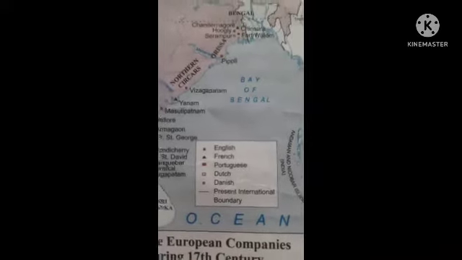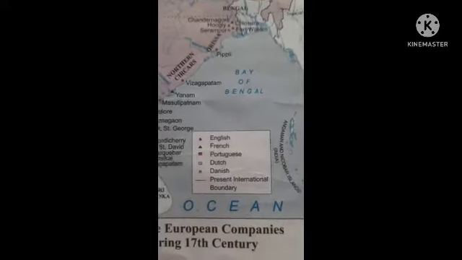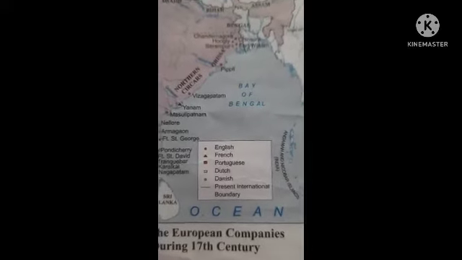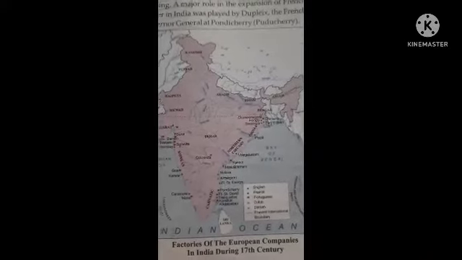It is very, very important. This is the index of the map that you have to draw. So in this way you have to take one map and locate all these things.